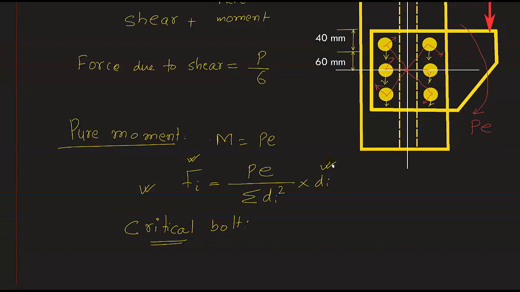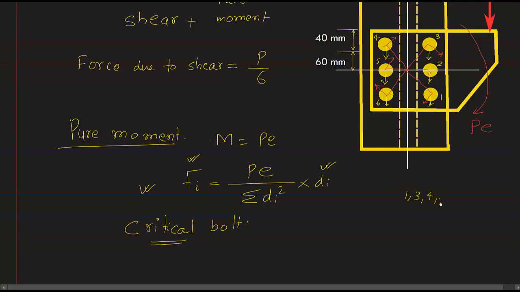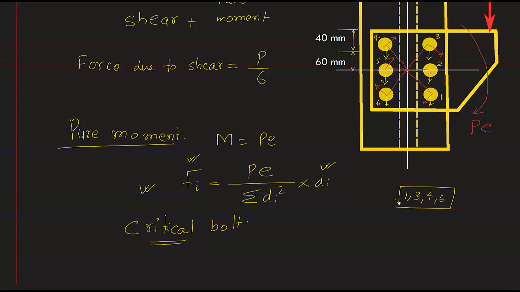So this bolt, let's call this bolt 1, this is 2, and this is 3, 4, 5, 6. So you see bolts 1, 3, 4 and 6 are the farthest bolts. So these bolts will have maximum distance and these bolts will have the maximum amount of force.